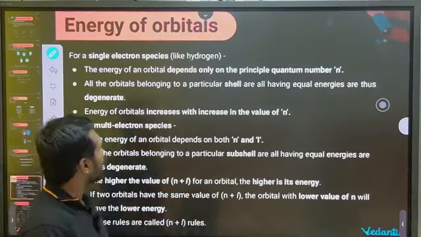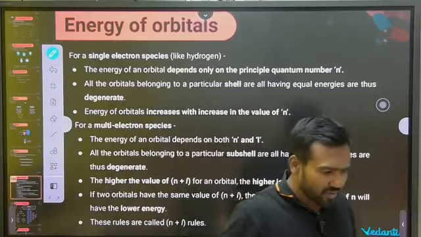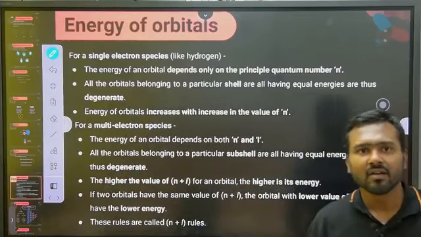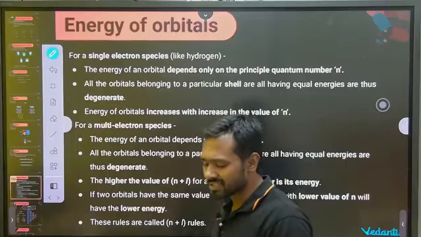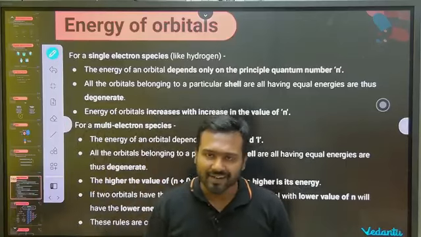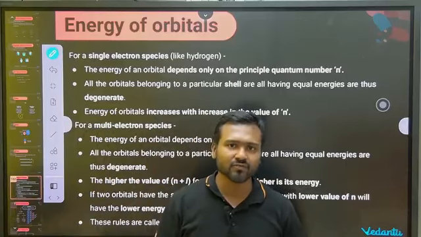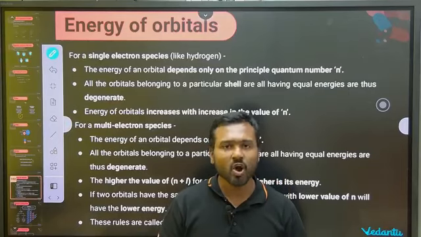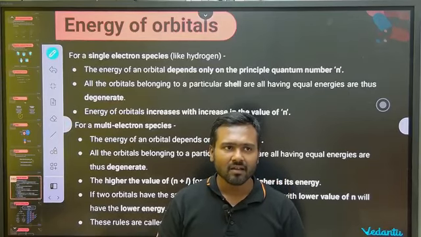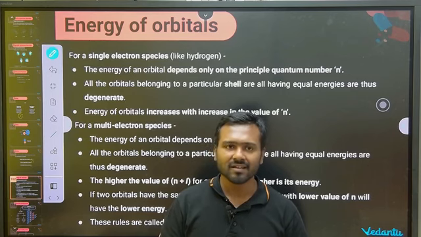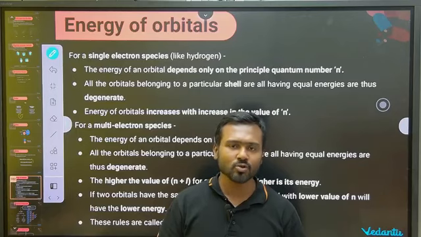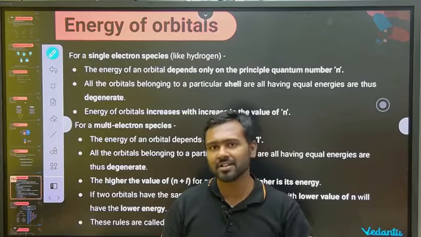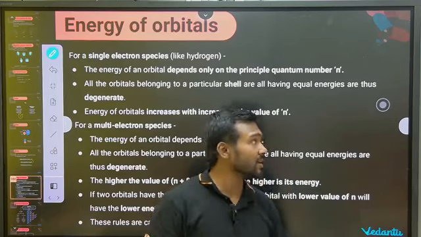So the energy order, this is very important, a 2025 question came here. In case of a single electron system, we consider only one factor, that is the attraction force between the electron and the nucleus. So the energy order: 1s has less energy, next 2s and 2p have the same energy, they do not have different energy.